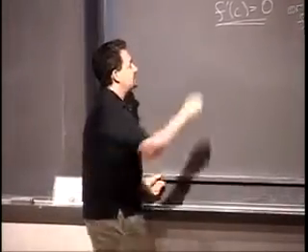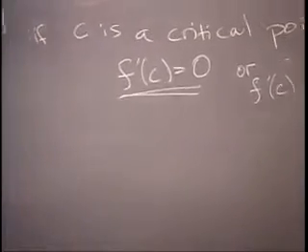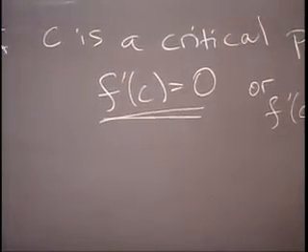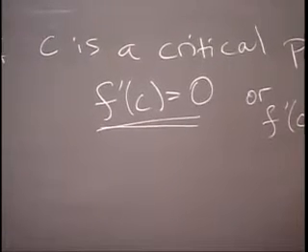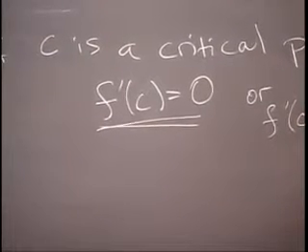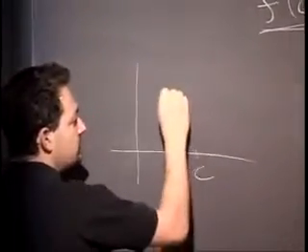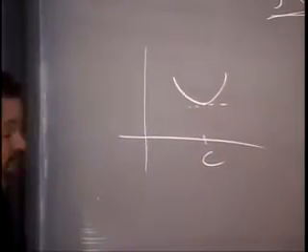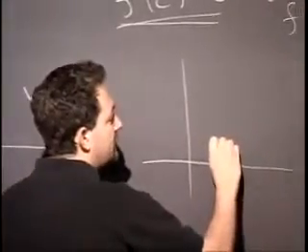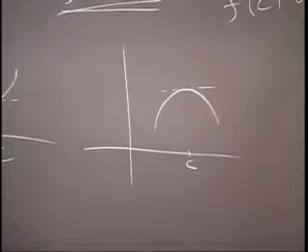But I would like to concentrate for the moment on classifying critical points of this form where the derivative is 0. And there are essentially 4 common possibilities, really only 3 if you look at it the right way. You could have a local minimum at c. You could have a local maximum at c.